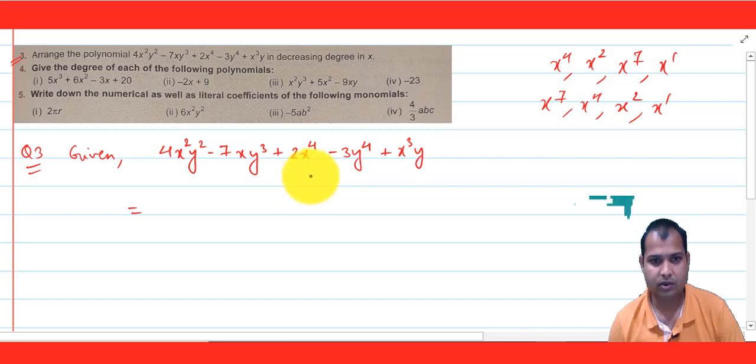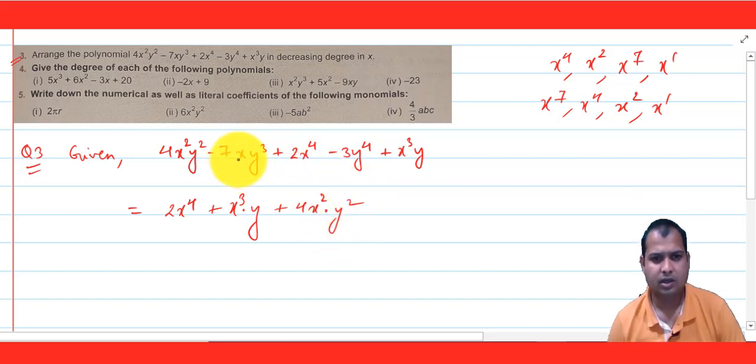So here x to the power 4 is this, so we have to write 2x to the power 4 first, then plus this x to the power 3 into y, then this plus 4x square y square.